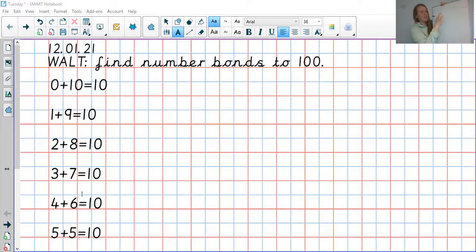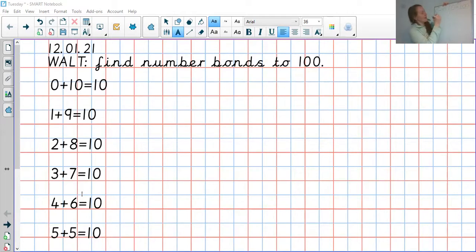If I times this by 10, 10 times 10. So these are my number bonds to 10. These are going to become my number bonds to 100. So 0 and 10. What would be my number bonds to 100? That's right, 10 times 10 is 100. 0 add 100 is 100.